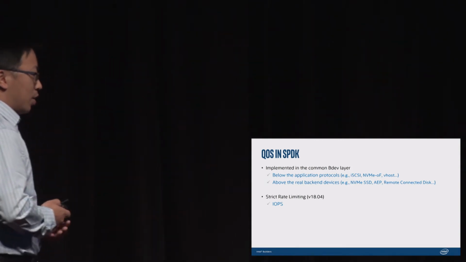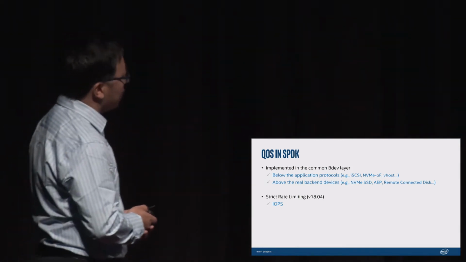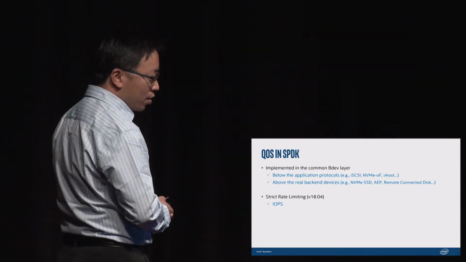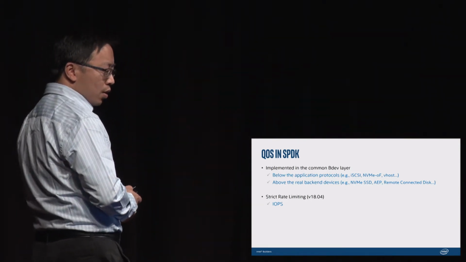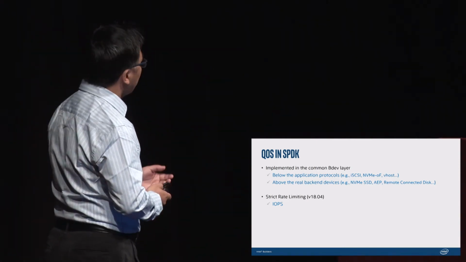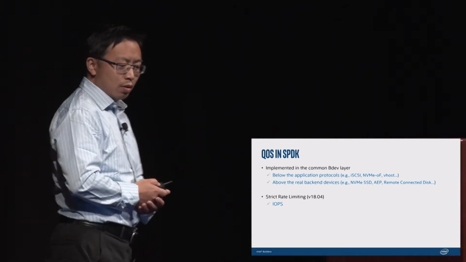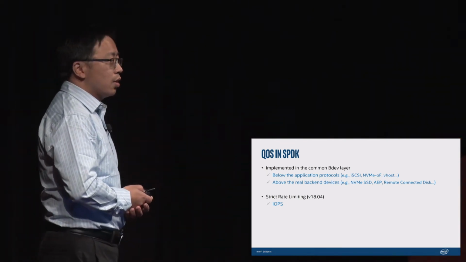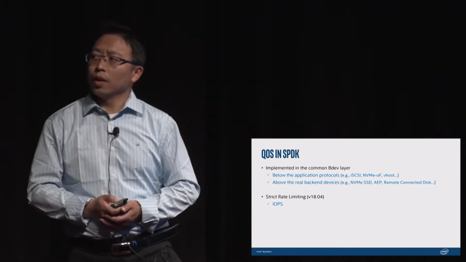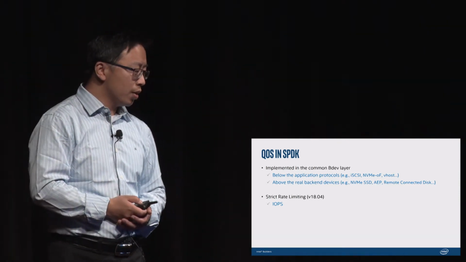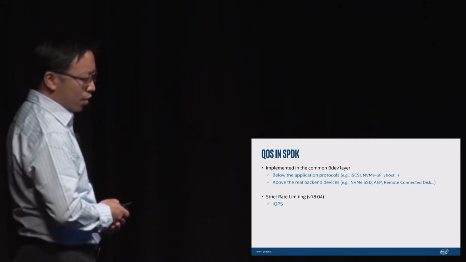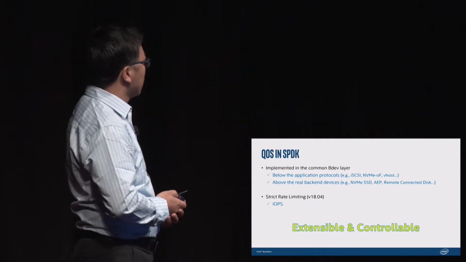And also it's above the real backend, which means that we can support different backends like the NVMe SSD or the Optane SSD, and even persistent memory, and also remote connected disks. And in the 1804 release, the initial support is IOPS rate limiting. So we'd like to have this feature in an extensible and controllable way.